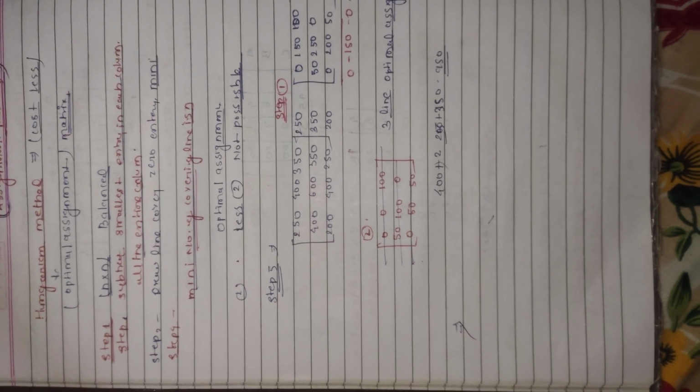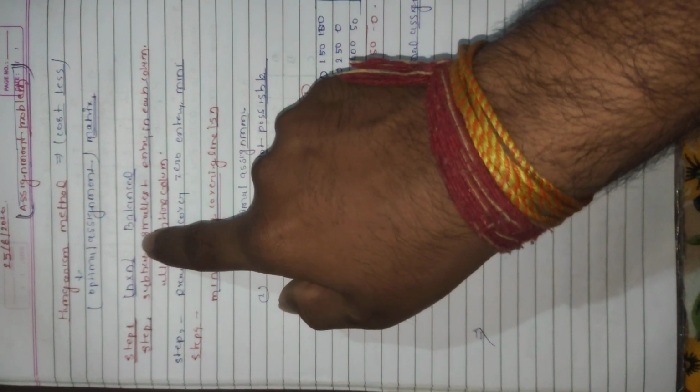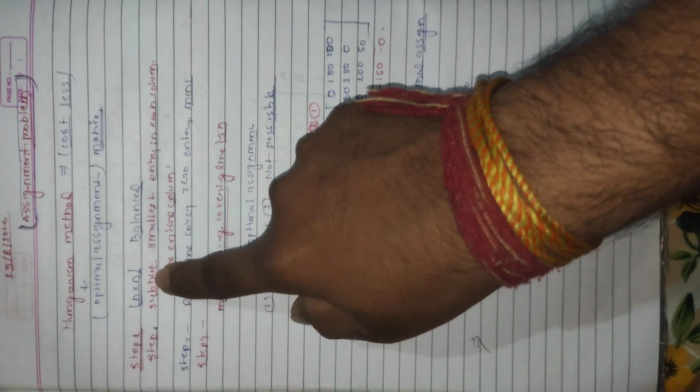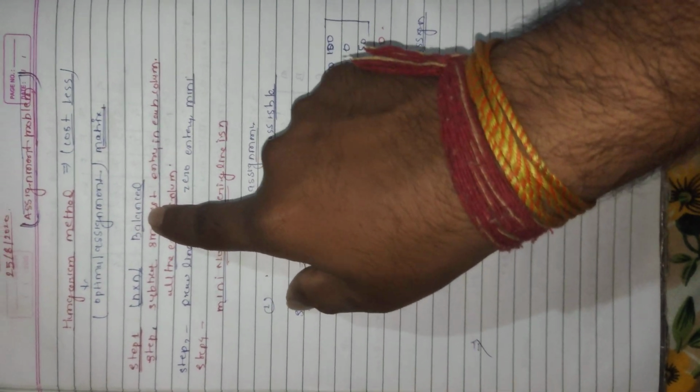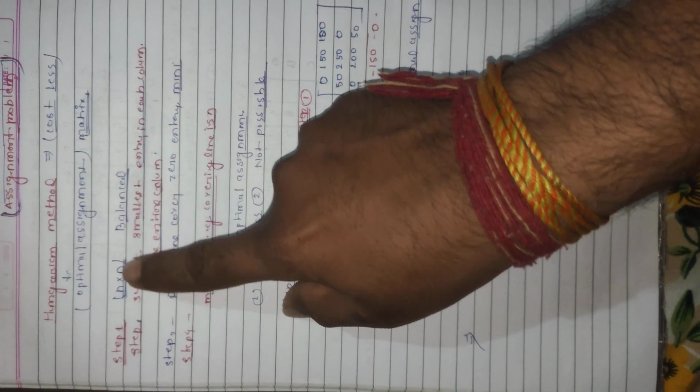There are four steps to solve any Hungarian method problem. First is an n by n balanced matrix, where both rows and columns are balanced, like a 3 by 3 or 4 by 4 matrix.